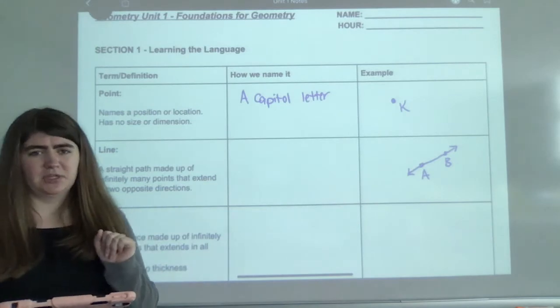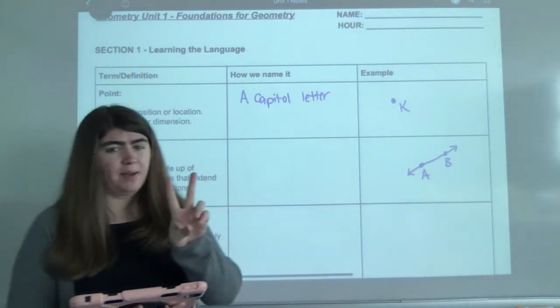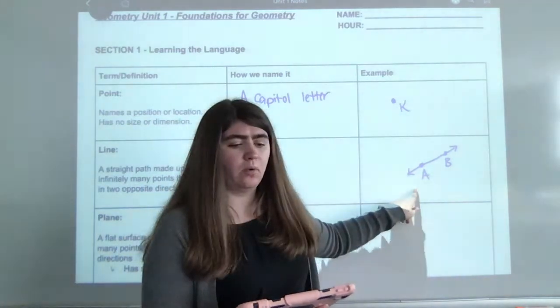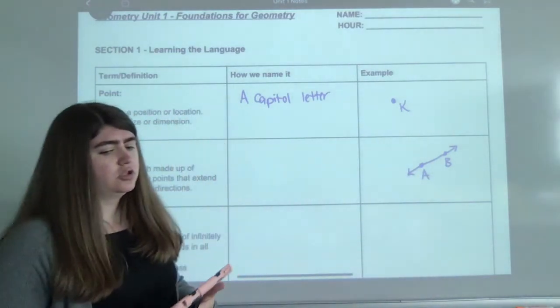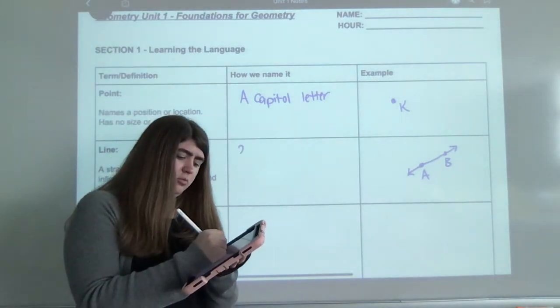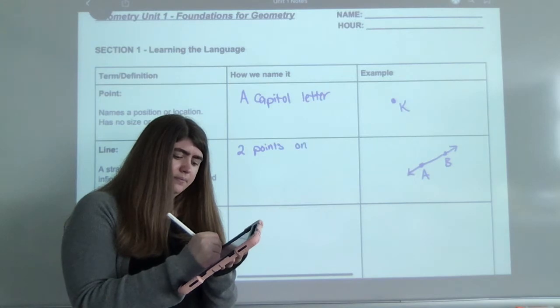How we name the line. There's two options for this. The first option is with the points that are on the line, so you would pick two points on the line.